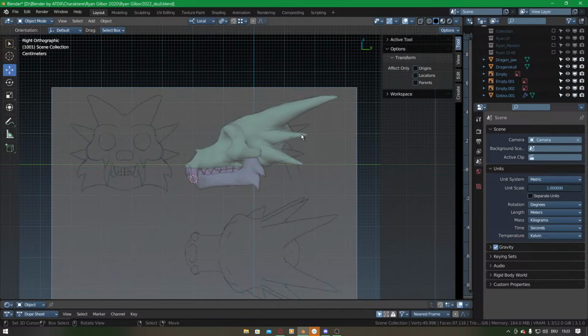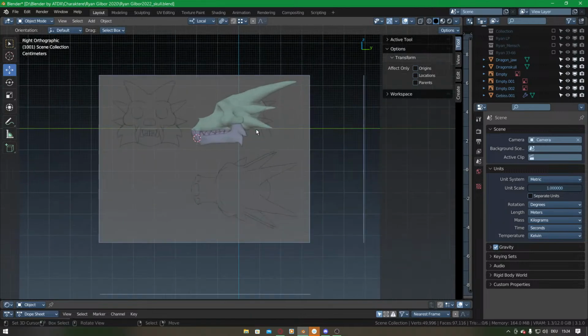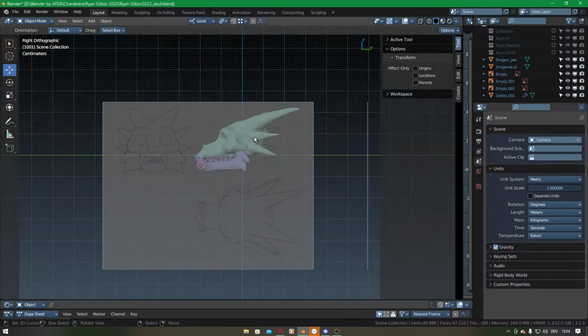And he is fast. What are you talking about? Redesigning him isn't costly. I'm redesigning him all the time. Oh, you're talking about the time. All right.